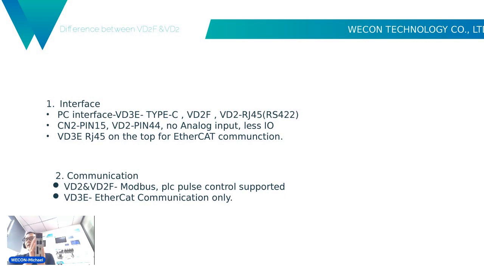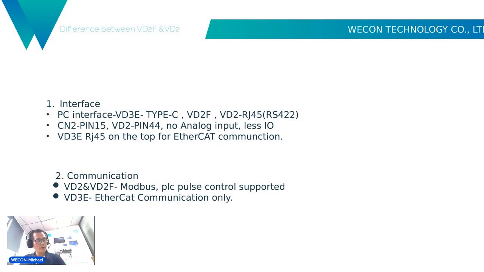Let me repeat again, this is very important. For VD3E, it only supports EtherCAT, can't support Modbus, and also can't support PLC pulse control. VD2 and VD2F can support Modbus control and PLC pulse control.